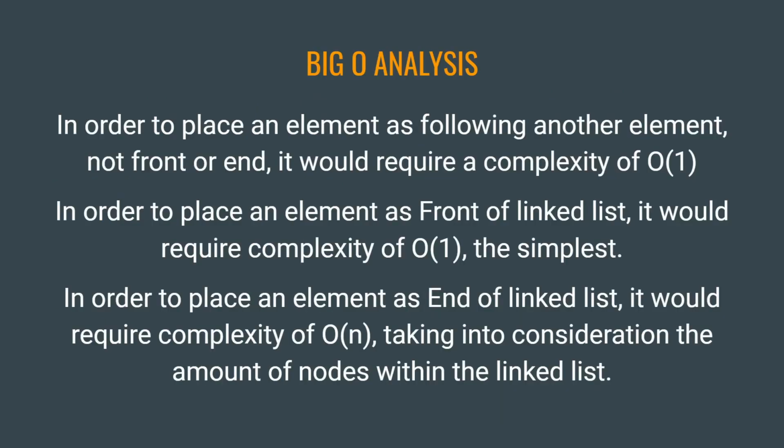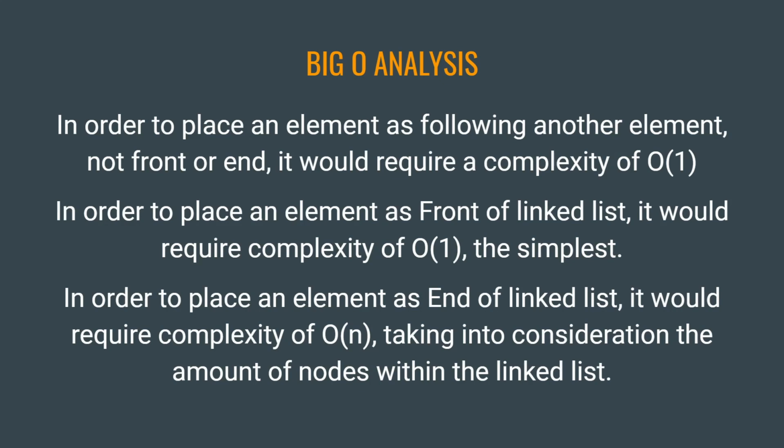So just to touch on the Big O analysis, which we'll be putting out a pretty good video on. Big O analysis in Java for the most part. It does correspond to other languages, but mostly Java for our purposes here. In order to place an element as following another element, not front or end, it would require complexity of order 1, which is the most basic, simplest order of complexity for code.